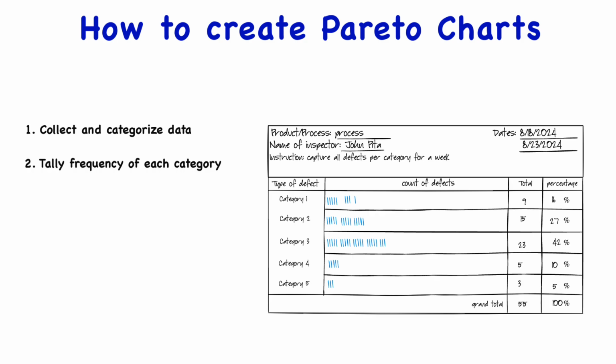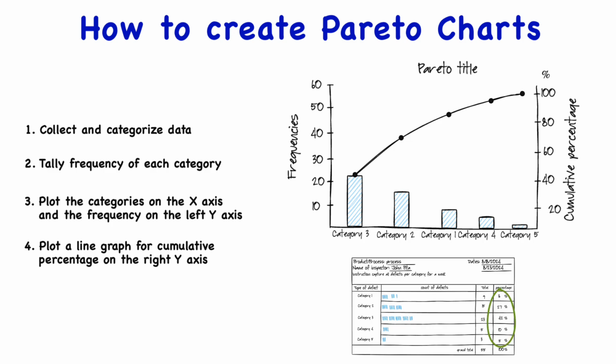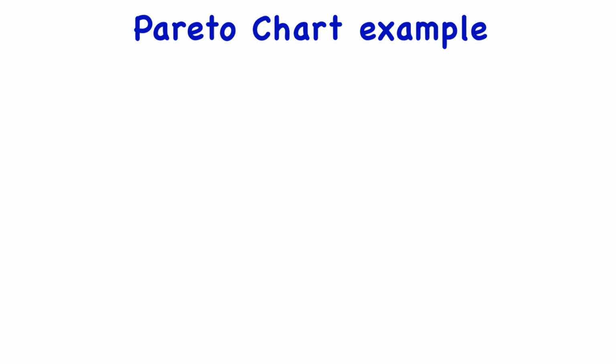Next, tally the frequency of each category and calculate the cumulative percentage. Then, plot the categories on the x-axis and the frequency on the left y-axis, arranging them in a descending order. Finally, add a line graph to represent the cumulative percentage on the right y-axis. Let's dive deeper into each of these steps, creating an example together.